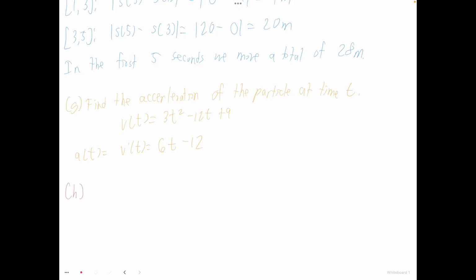Next, we want to figure out when the particle is speeding up and slowing down. So this is kind of two parts.